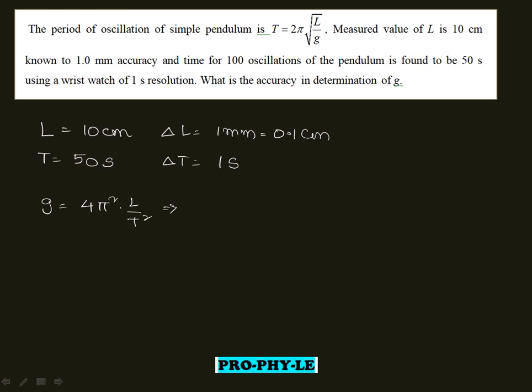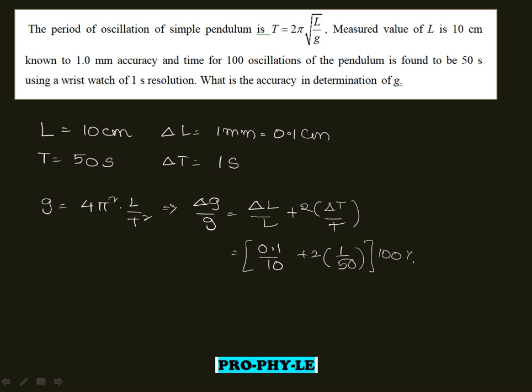Now from the time period equation I can write g will be equal to 4 pi square into L by T square, so delta g by g will be equal to delta L by L plus 2 into delta T by T, which is 0.1 by 10 plus 2 into 1 by 50, into 100%.